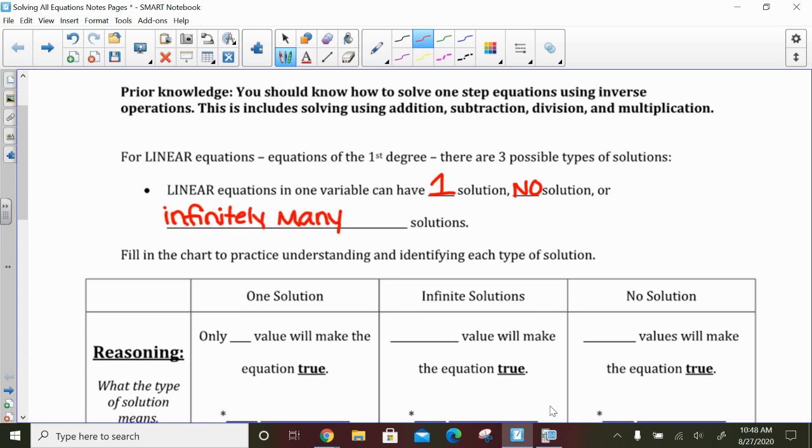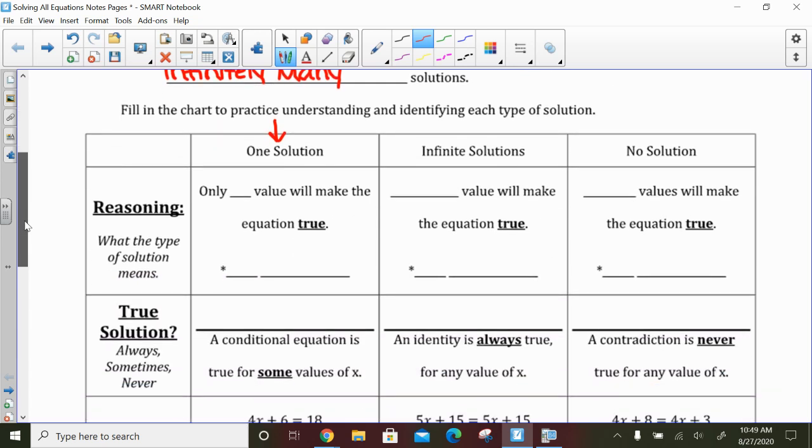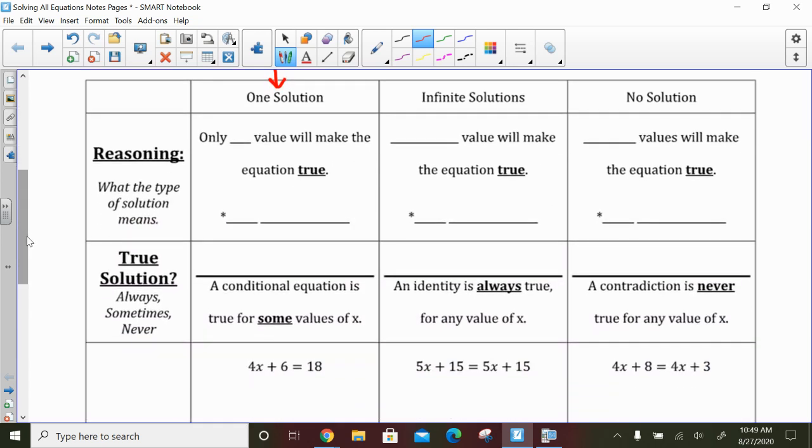All right, so we're going to talk about one type of solution at a time. Going down the page, we're going to talk about how you get one solution and what that even means.